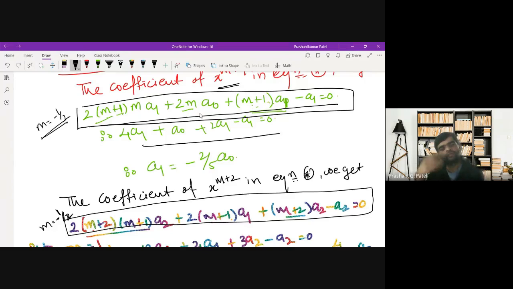So we will have the equation or relation which is in terms of a1 in terms of a0, and a2 in terms of a0. So let us do that. Substitute m equal to -1/2.